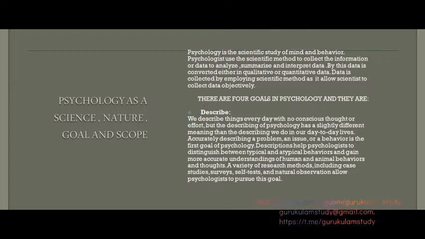Accurately describing a problem, an issue, or a behavior is the first goal of psychology. When you go to a counselor or a psychologist, you describe your problem, that you are having headache or insomnia, or you are unable to be happy, or you are getting really nervous when you are on stage. So this is the description of your issue, right?